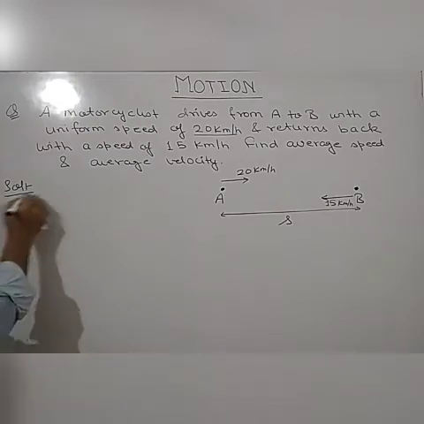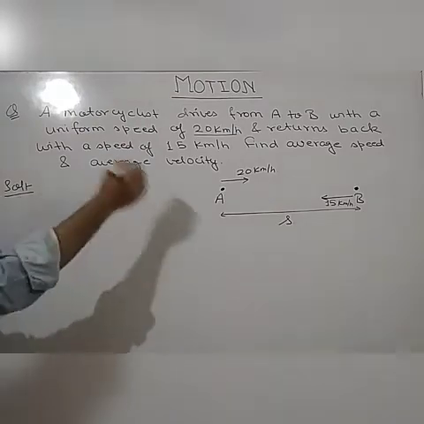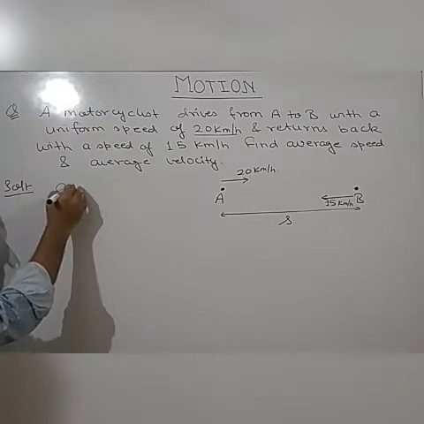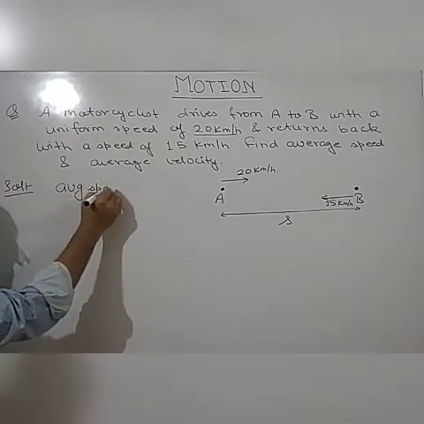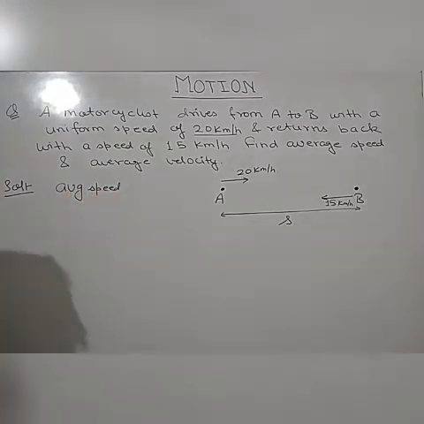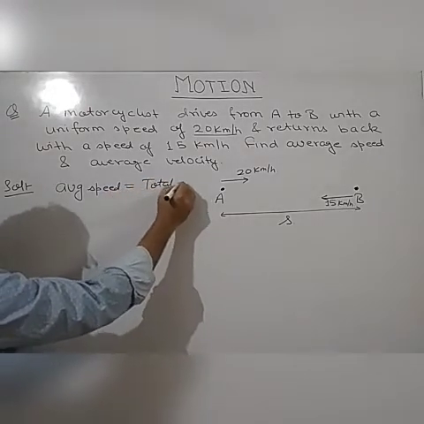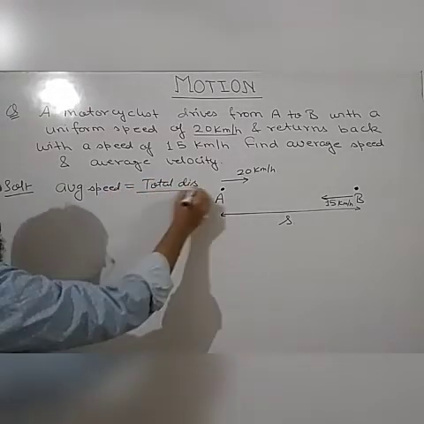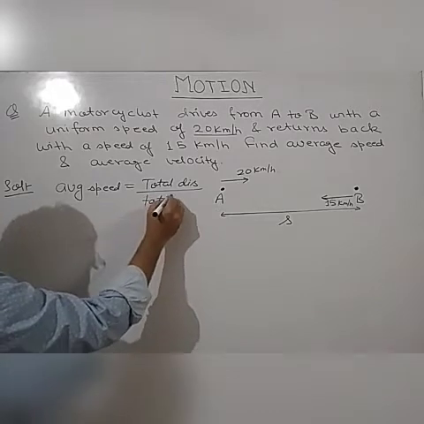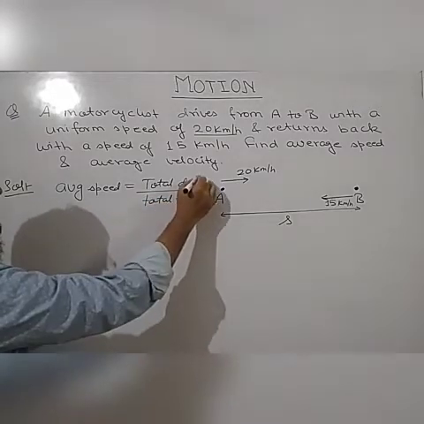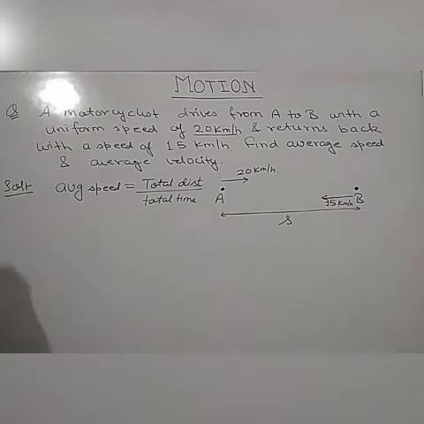So I think you know the formula of average speed. You should remember the formula of average speed. What was the formula? Average speed is equal to total distance upon total time.